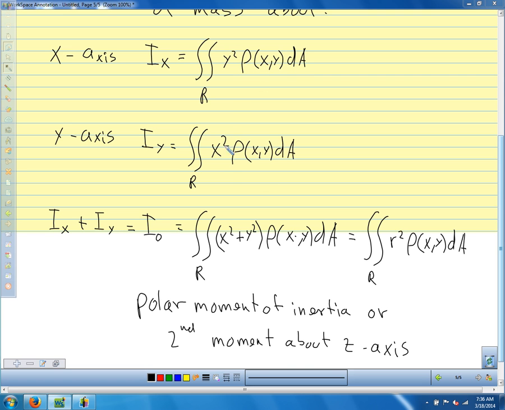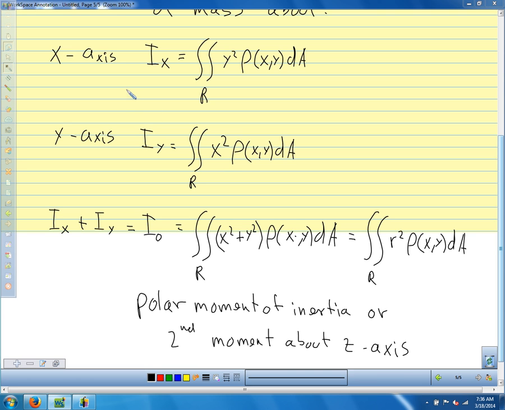We just put an additional x squared or y squared into our double integral to find our second moment about the x-axis and about the y-axis. And we can use those to find the polar moment of inertia. Usually it's easier to find these two and find the sum to get your polar moment of inertia than it is to evaluate this integral. Usually it's easier to find the two individually than to do this together.